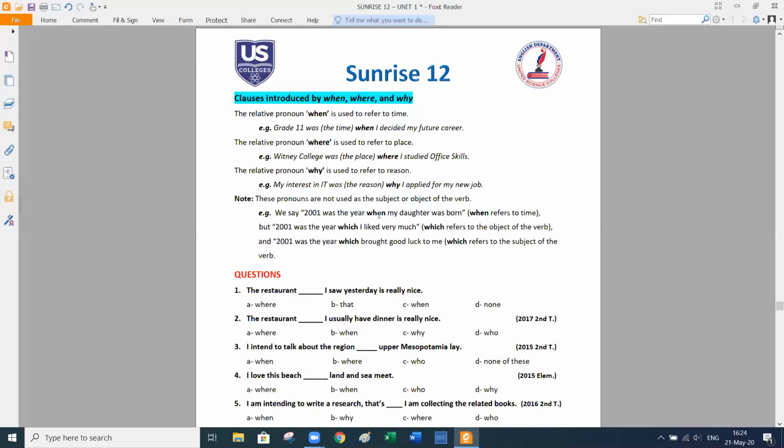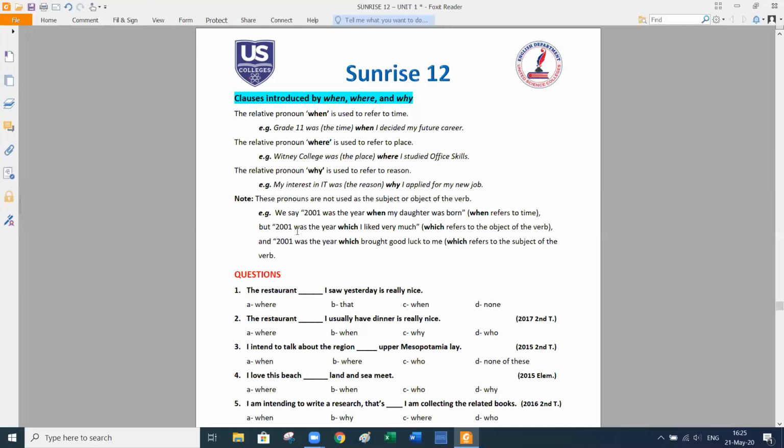When is not subject because my daughter is the subject of the verb was born. As this is a passive structure, we don't need to look for an object here. 2001 is not the object, it's the time reference, let me say.